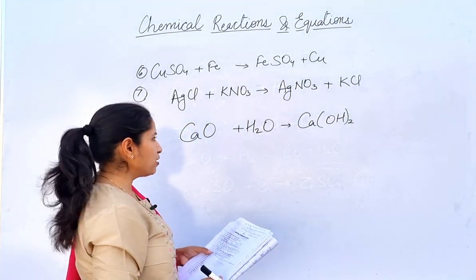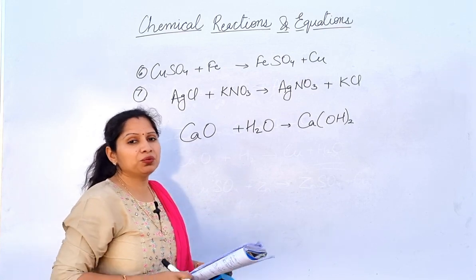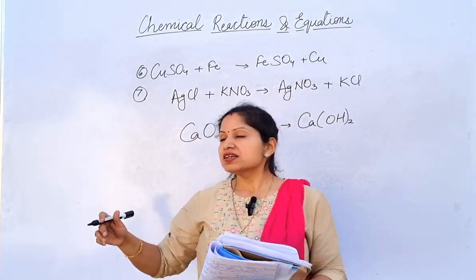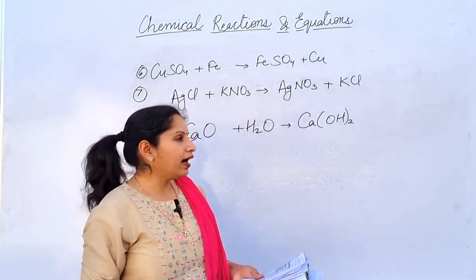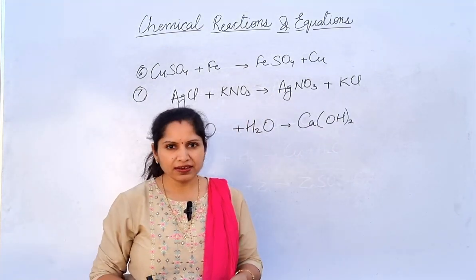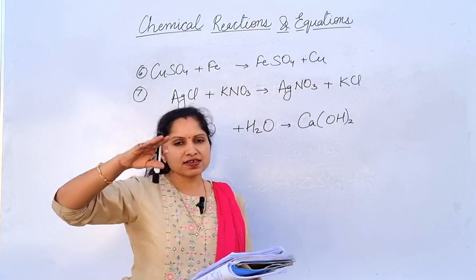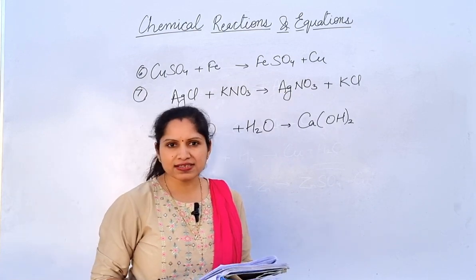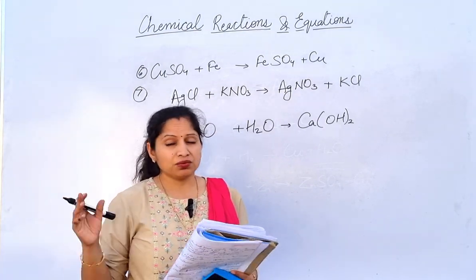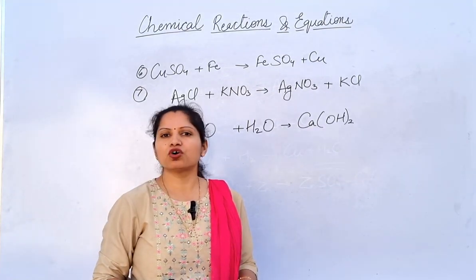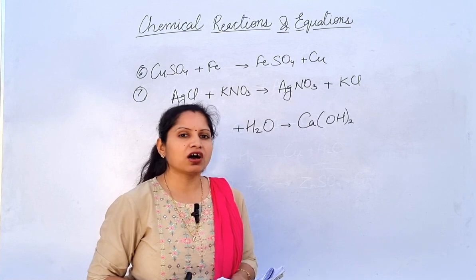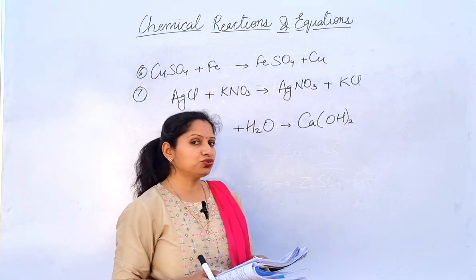This is the same reaction that we use before whitewashing. So calcium oxide is quicklime, we dissolve it in water and we get calcium hydroxide. We use this calcium hydroxide to whitewash our walls, and once the walls are whitewashed, it combines with carbon dioxide present in the atmosphere to form calcium carbonate, CaCO3.